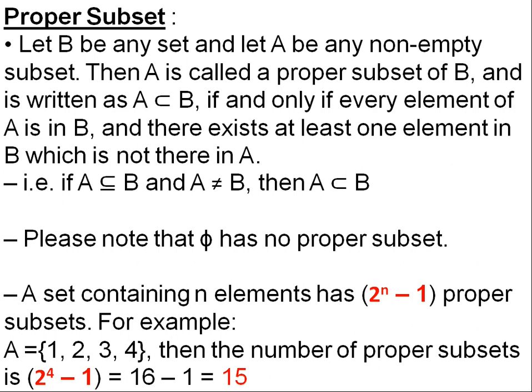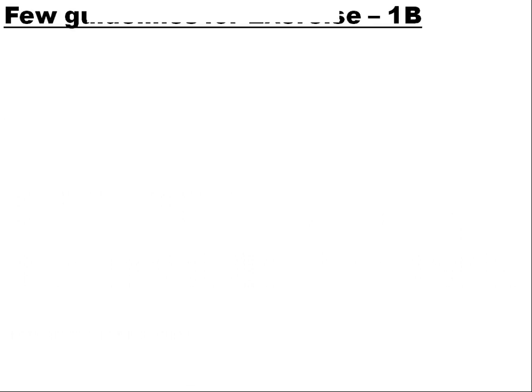For example, if A is equal to within curly brackets 1, 2, 3, 4, then the cardinal number here is 4. There are 4 elements in it. So the number of proper subsets will be given by 2 to the power n minus 1, that is 2 to the power 4 minus 1, which happens to be 16 minus 1. So the total number of proper subsets comes equal to 15. So there can be 15 proper subsets of the given set.